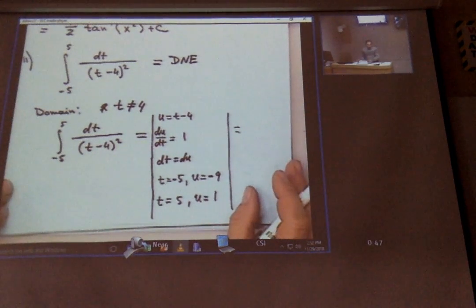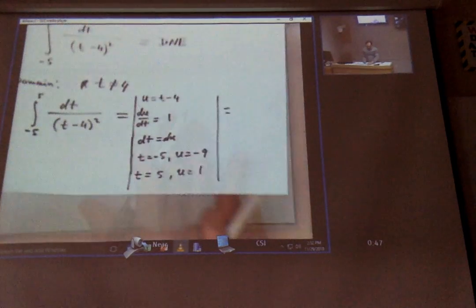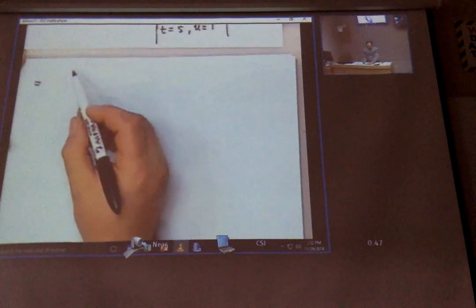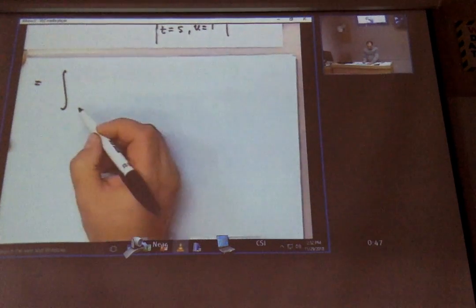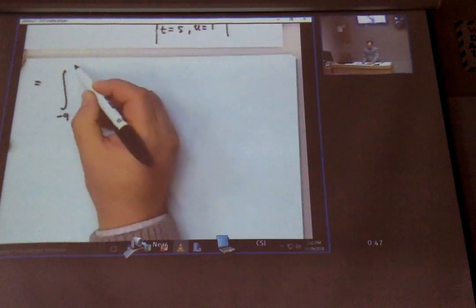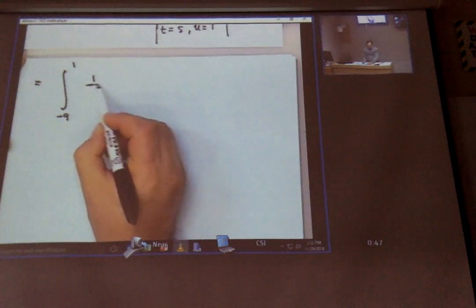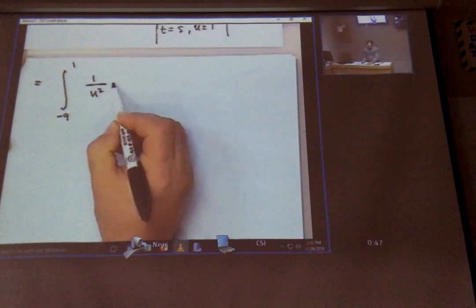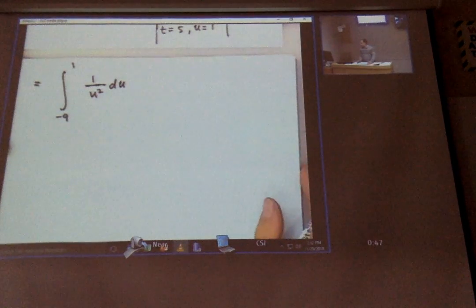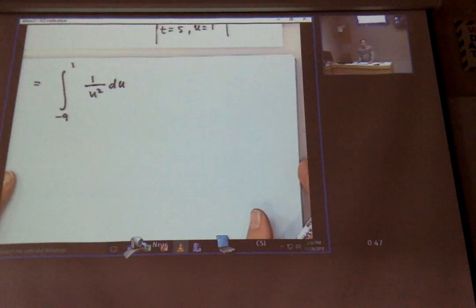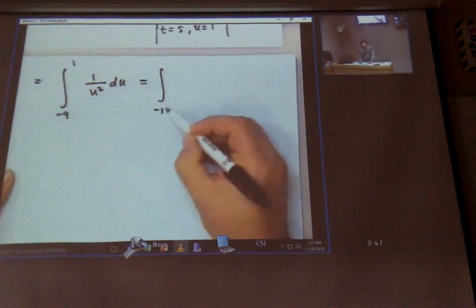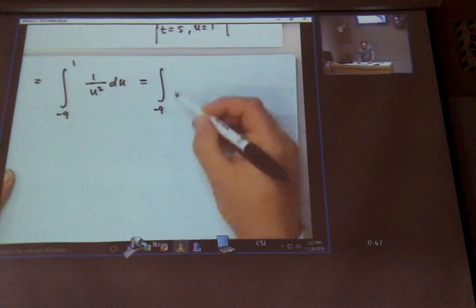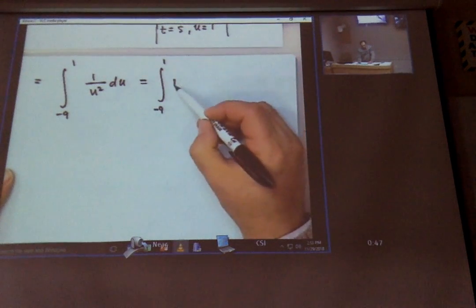We're just doing the problem. And then when we go to the problem, we have negative 9 and 1, and here you will have 1 over u squared du. And basically what that means, from negative 9 to 1, we had u to the negative 2 du.